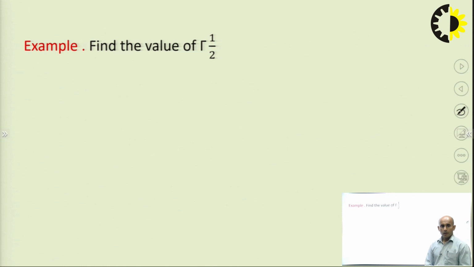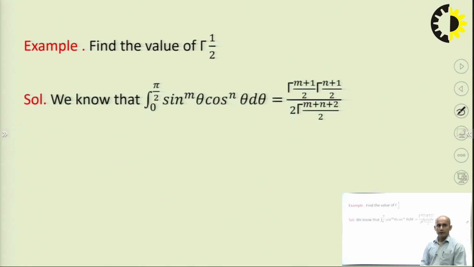Now, very important thing: as I have discussed earlier, we will discuss the value of gamma half later. So we have to find the value of gamma half, which is very important. As we know from a formula, the integral of sine to the power m theta, cos to the power n theta is gamma of m plus 1 upon 2, gamma of n plus 1 upon 2, upon 2 times gamma of m plus n plus 2 upon 2.